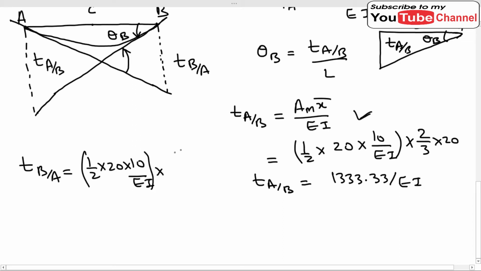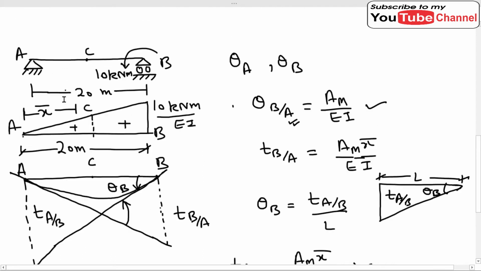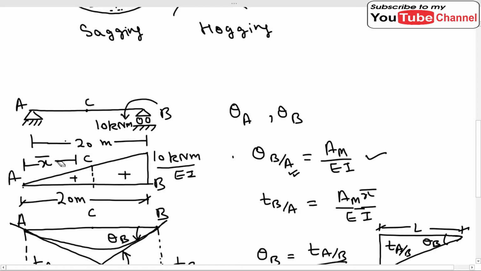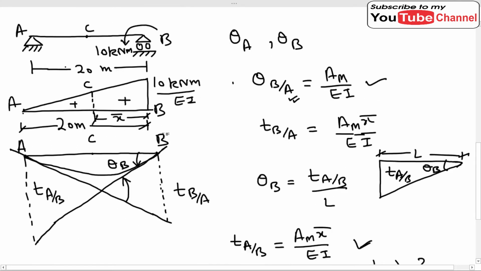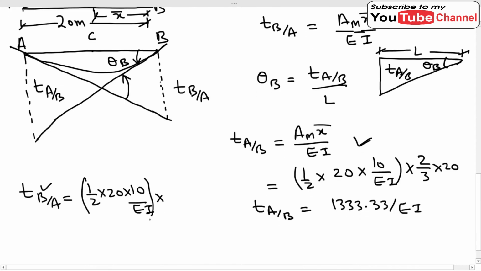The only thing which will change here is the distance x bar, because now we are finding the tangential deviation at B. So we have to take this distance x bar from point B. The value of x bar will be 1 by 3 into L, this will be 20 by 3, length of beam by 3.